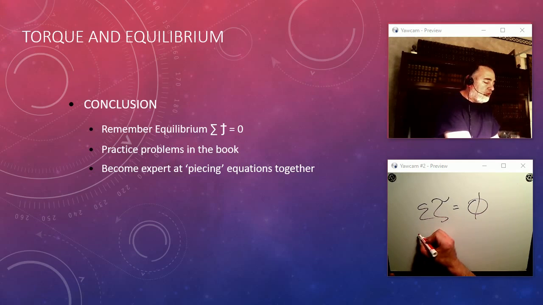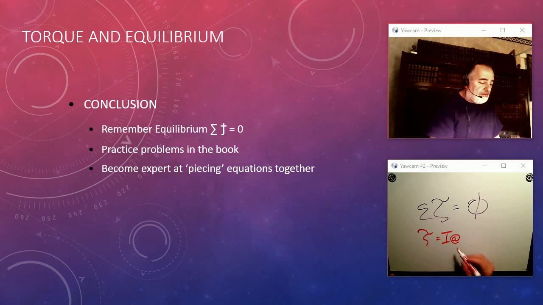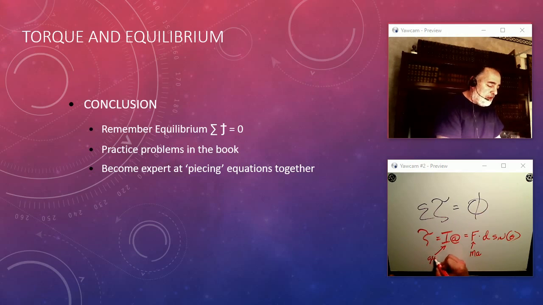We know that torque is equal to moment of inertia times alpha, being rads per second squared, rotational acceleration. But we also know that torque is equal to force times the distance times sine of the angle. Force can be thought of as ma. And in fact, each of these depends upon its geometry.